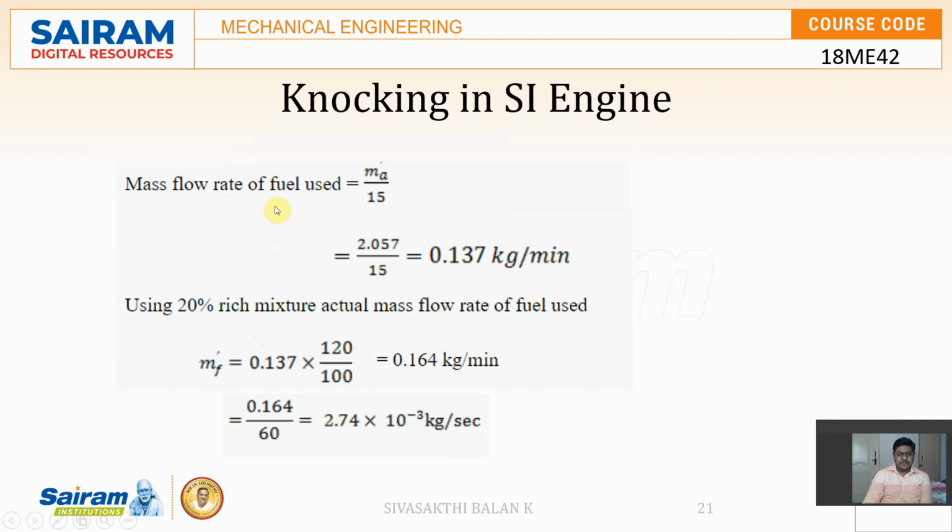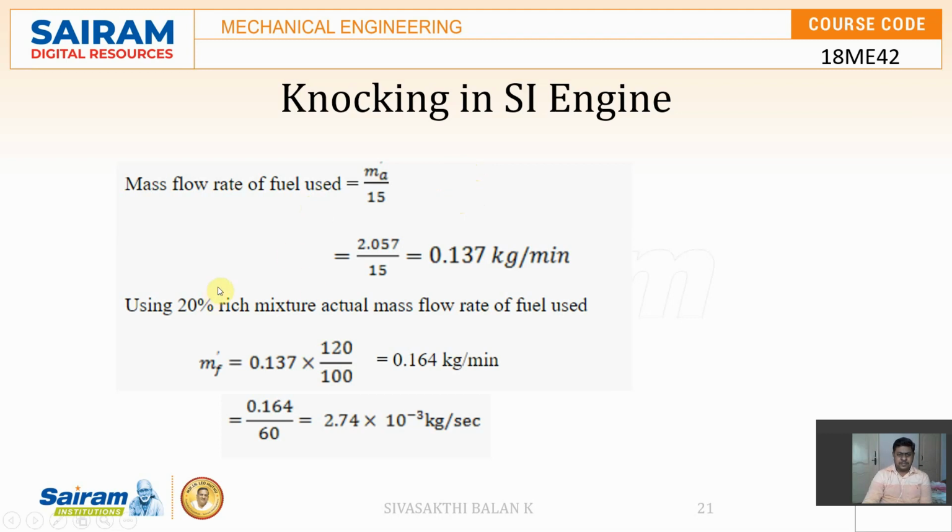And to calculate the mass flow rate of fuel, we are going to use the relationship of the theoretical air fuel ratio. In the problem, it is given clearly that the theoretical air fuel ratio is 15:1, so mass of air supplied to mass of fuel is equal to 15, and mass of fuel is nothing but mass of air divided by 15. We get 1.137 kilogram per minute.